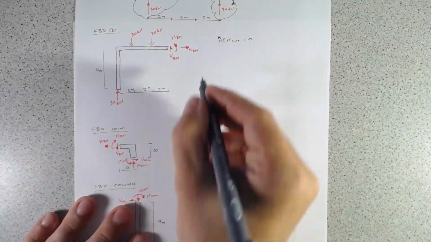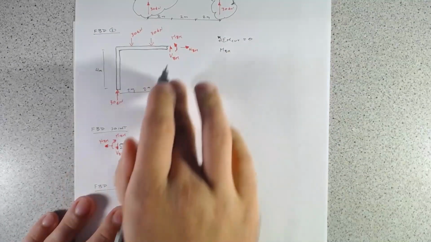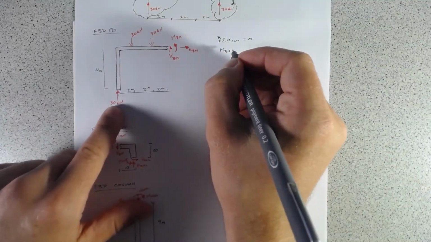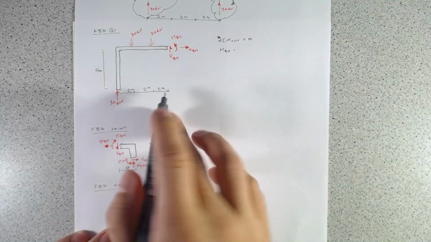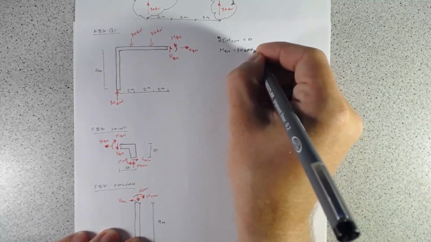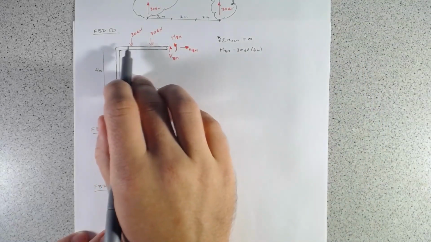So what do we have? We have M beam, which is positive, and then we subtract out this 30 kilonewton reaction times 6 meters. Then we'll add these two loads.